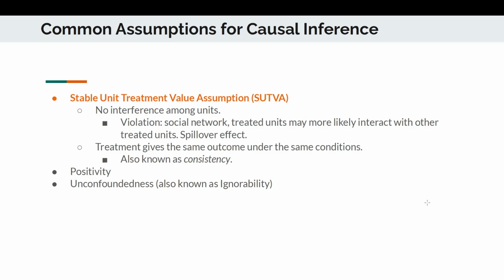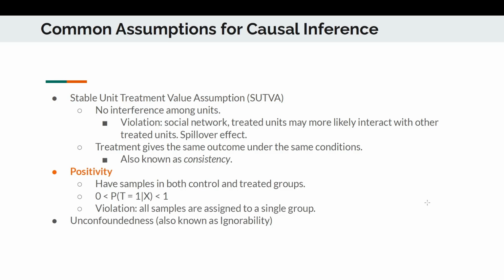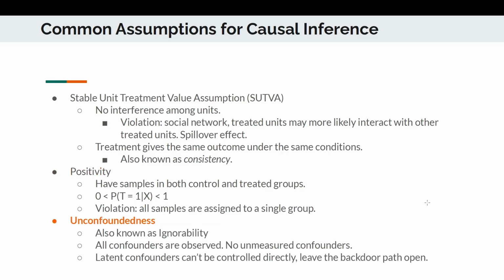So this is something we should be wary of. Positivity means we have to have samples in both control and treated groups, because if we have only a single group, then the data would be biased. And unconfoundedness, also known as ignorability, means that all confounders are observed. It means that there are no unmeasured confounders that can affect the system.